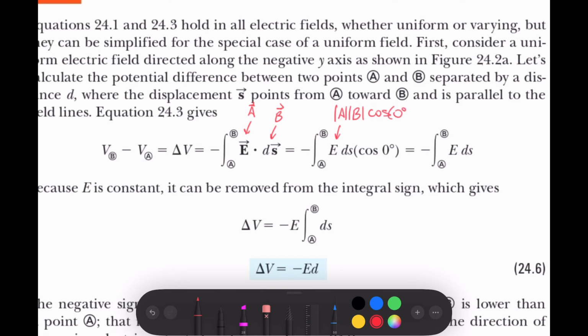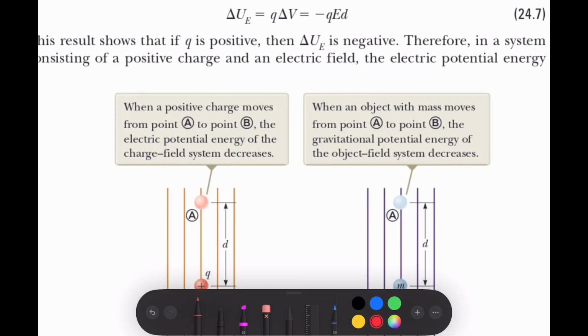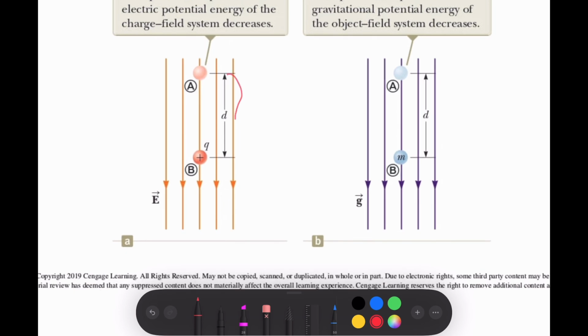And in this case, the angle between them is 0 because the displacement vector is pointing in the same direction, right? They are going from A to B as the electric field. So cosine of theta here is equal to 1 because theta is equal to 0.